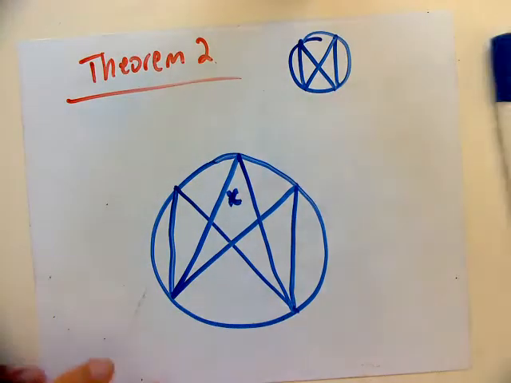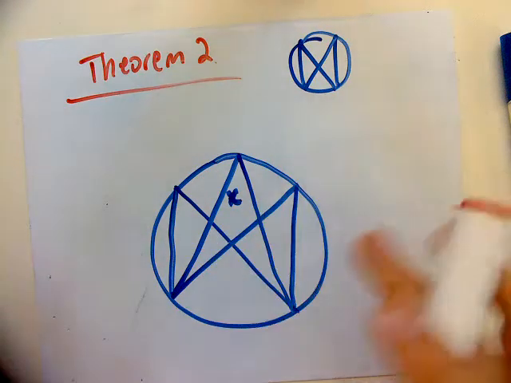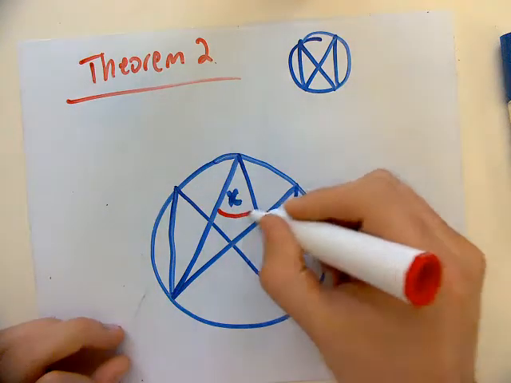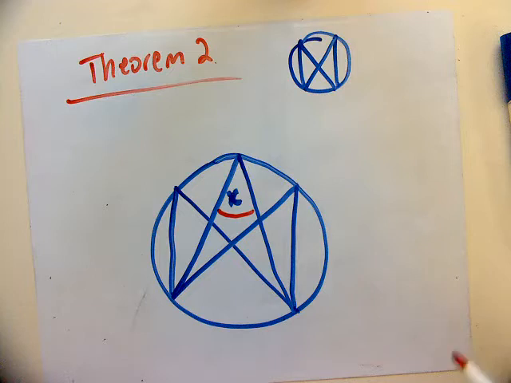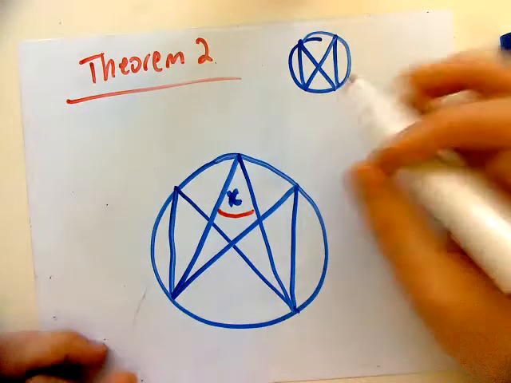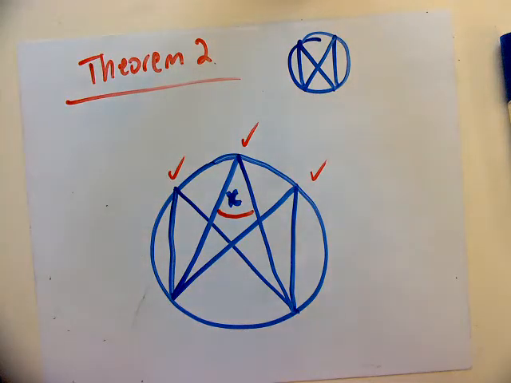Let's say I had X sitting there. Now notice I don't have an origin, these aren't passing through the origin, but this says all angles that have their vertex on the circumference, so vertex on the circumference, vertex on the circumference, vertex on the circumference, yes, yes, yes, are subtended by the same arc are equal.